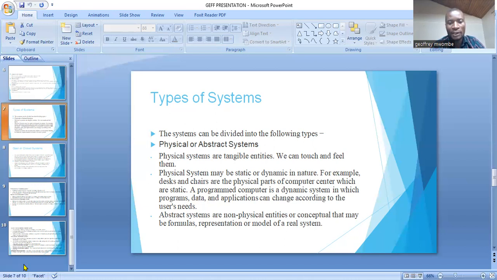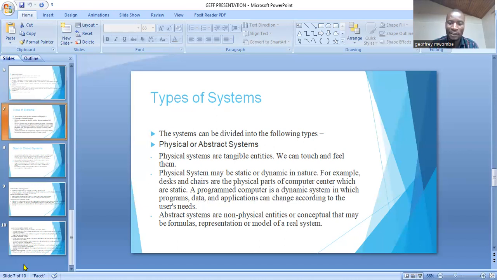A physical system may be static or dynamic in nature. For example, desks and chairs are the physical parts of a computer center, which are static. A programmed computer is a dynamic system in which programs, data, and applications can change according to users' needs.